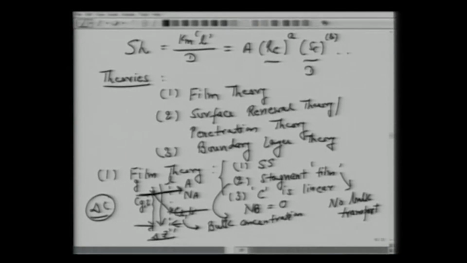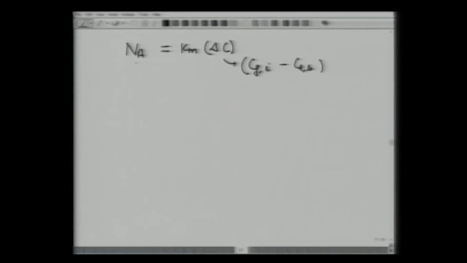So we are still writing NA equals Km times del C as the definition of the mass transfer coefficient, except one can show that Km equals DAB over del, or at least this is approximated as the mass transfer coefficient, the diffusion coefficient of AB over this film thickness or diffusion resistance.